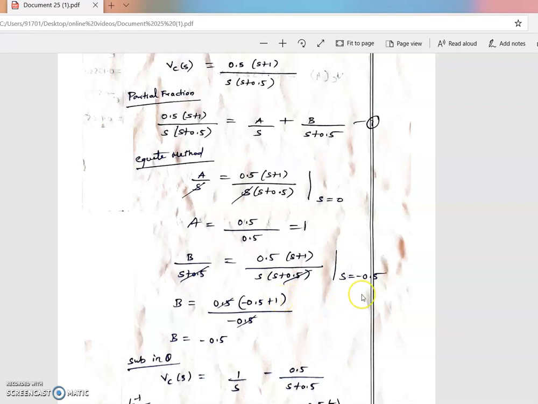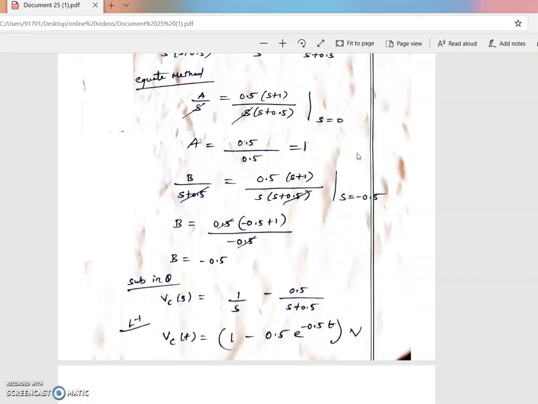So s plus 0.5 equal to 0 means s is equal to minus 0.5. Substituting this value of s, we get B equal to minus 0.5. Now we have both A and B, and substituting those values in the first equation, we get Vc(s) equal to 1 by s minus 0.5 divided by s plus 0.5.